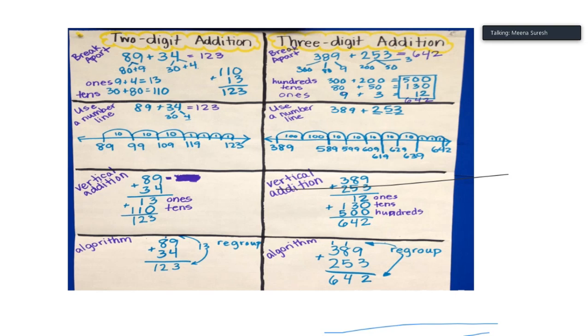In the next one, a number line, he has first jumped hundreds, then jumped tens, and then jumped ones. And the vertical addition is very, very interesting. I hope you are able to understand. And then he did the standard algorithm.